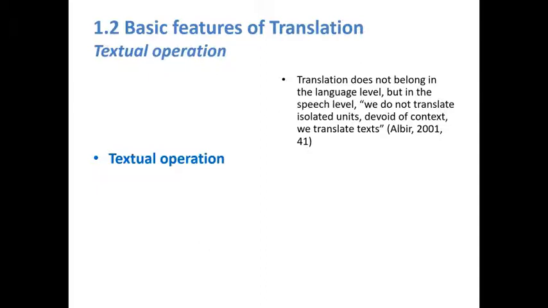If we look at translation from the point of view of language, we will come to the conclusion that translation does not actually happen at the language level as such. It doesn't happen at the level of the language as a system. We're not translating the whole of the English language into the whole of the Spanish language when we undertake a translation project from English into Spanish.